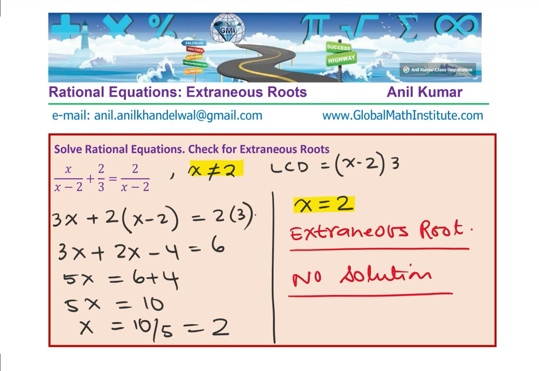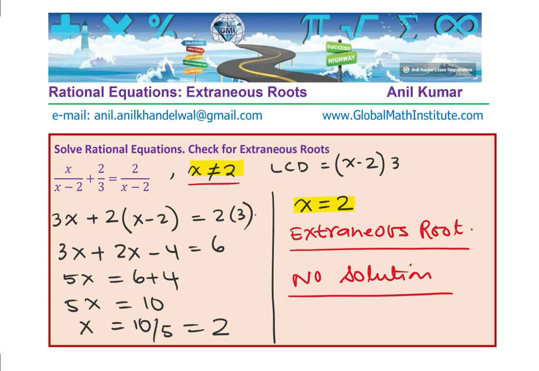You get the idea. So I hope you understand. If you identify the restrictions right away, it is very easy to find whether the solution is an extraneous root or not. Make sense?